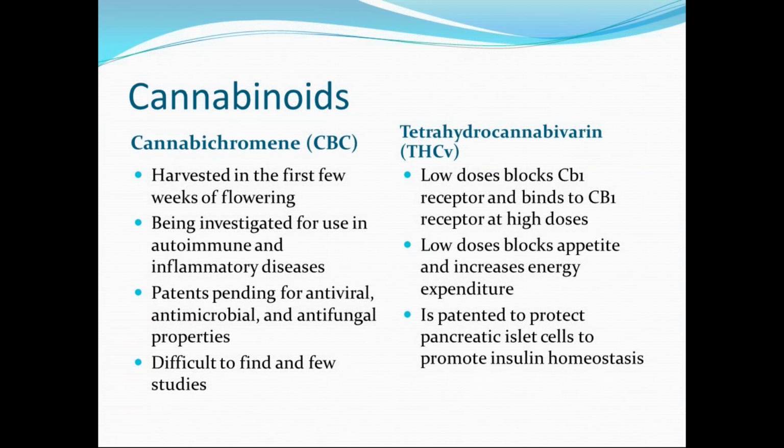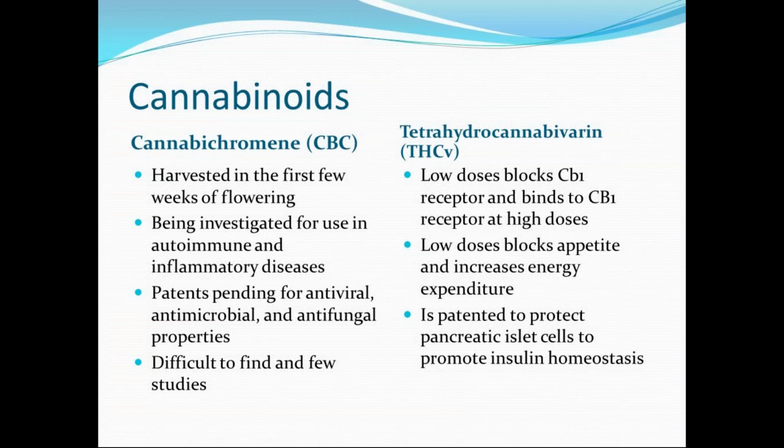Next, we're going to go over tetrahydrocannabivarin. And the ones with varin on the end really have some interesting properties. And I'm excited to see all the research coming out with them. But THCV specifically does exhibit the biphasic properties of having different effects at different doses. So low doses tend to block the CB1 receptor, and at higher doses, it tends to bind to the CB1 receptor.